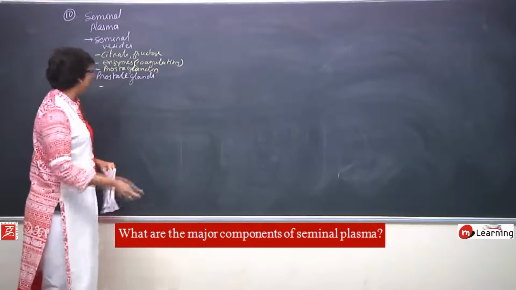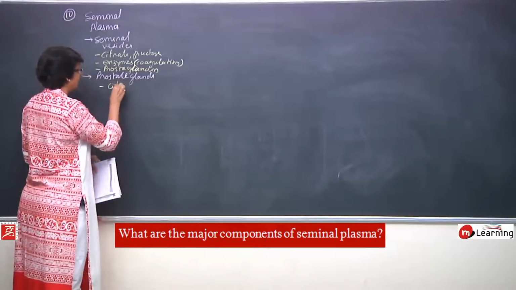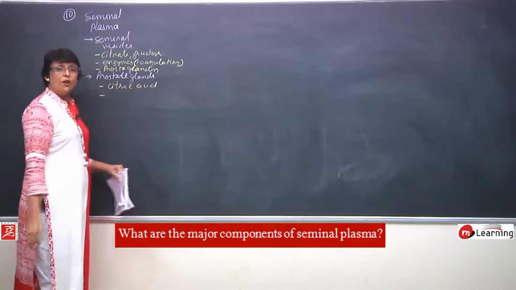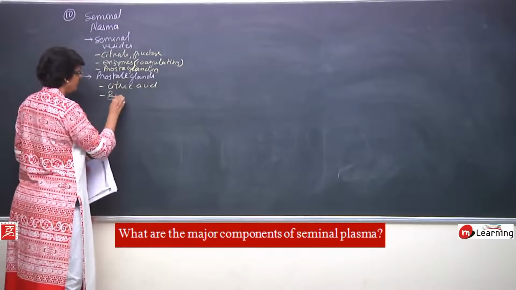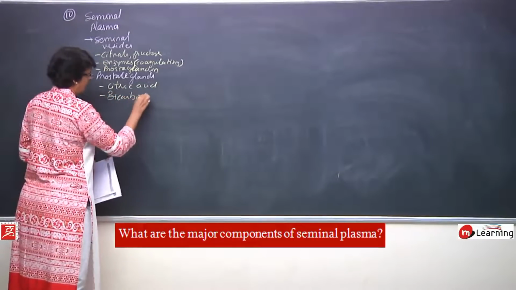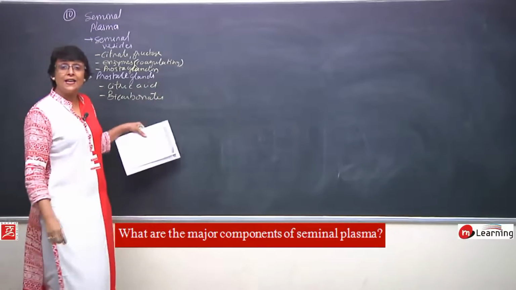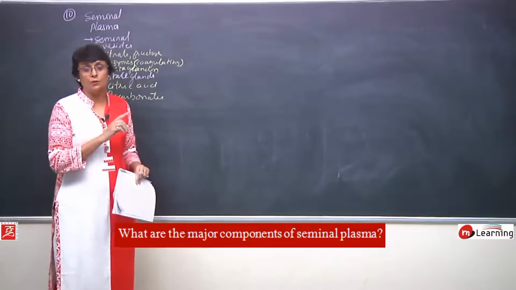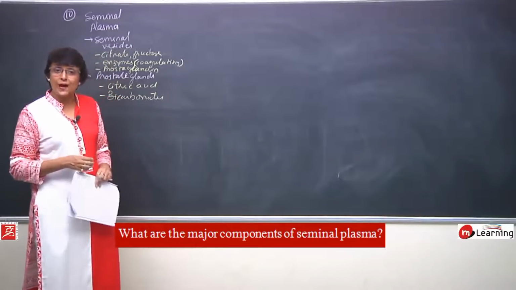Then the prostate gland. Mainly the prostate gland again has some nutritive material like citric acid, but predominantly it has bicarbonate ions. These bicarbonates help to neutralize the acidity of urine because they have to come through the same passage, the urinogenital duct.